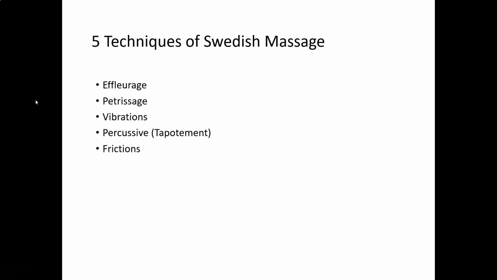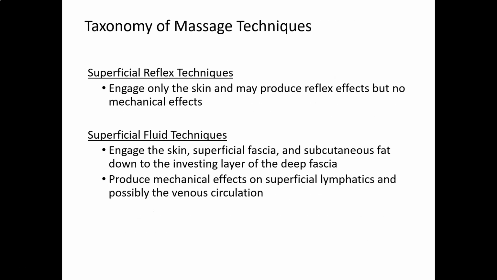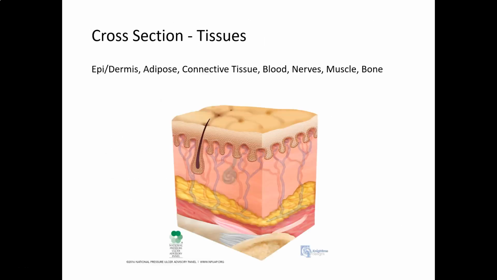So when we think about these techniques of Swedish massage, and we think about this taxonomy of passive movement, connective tissue, neuromuscular, percussive, superficial reflex and superficial fluid, we have to think of all these structures we have to consider, from bone, ligaments, muscle tissue, and so forth.